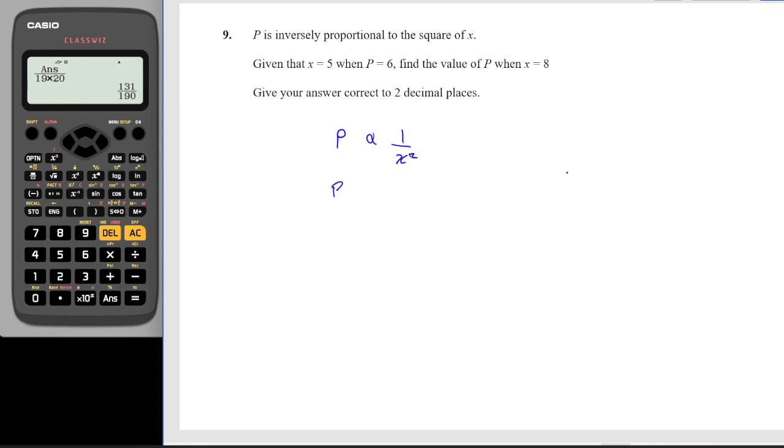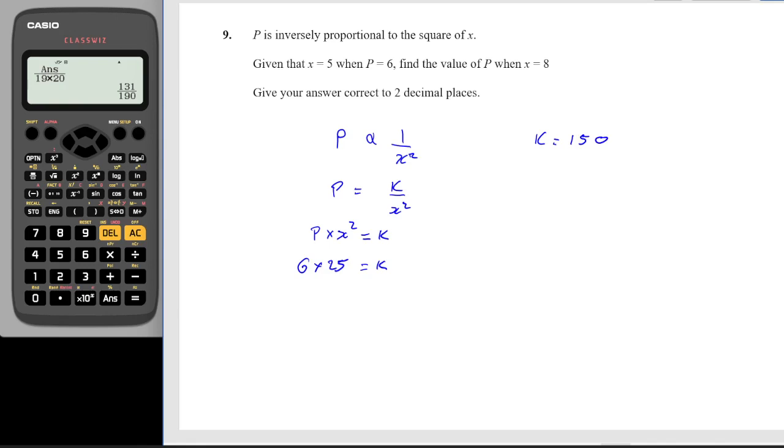So that means that p is equal to k over x squared. So p times by x squared is going to be equal to k. So that's going to be 6 times by 25. 6 times by 25 is 150. So k is equal to 150.